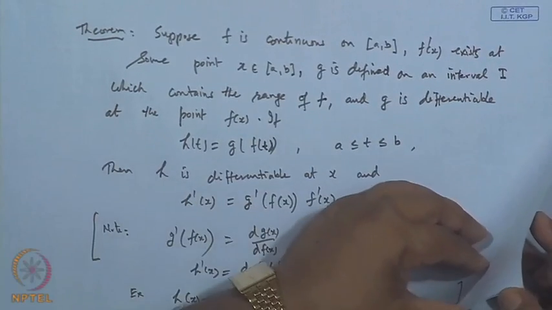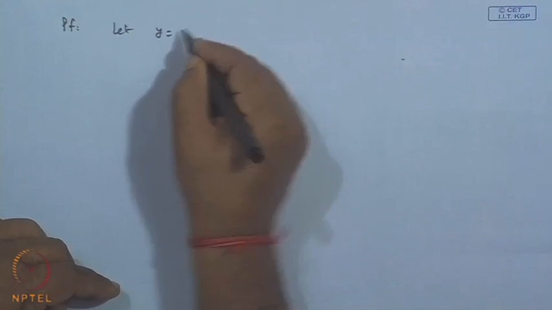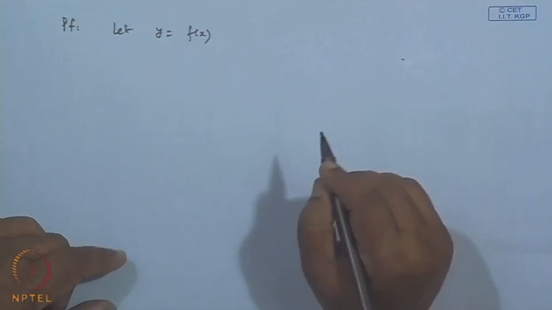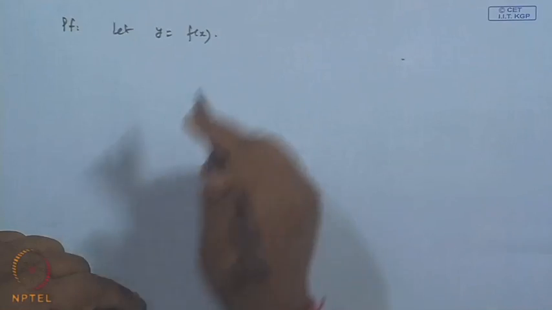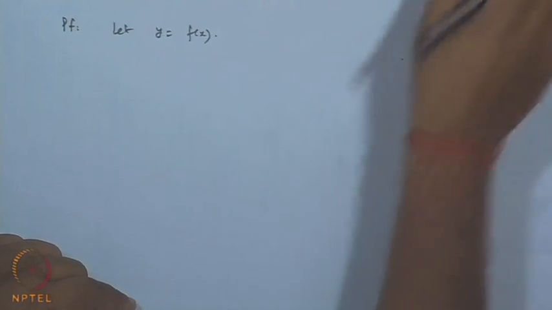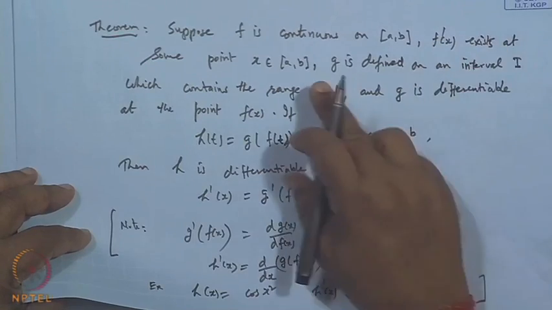Now, let us see the proof of it. Let y equal f of x. Since the function f is continuous as well as differentiable, it is given that f is continuous on [a, b] and the derivative exists at this point.